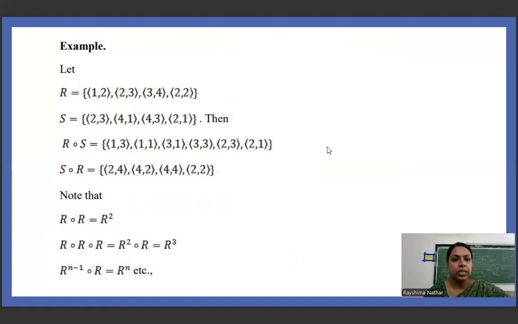R composite S can be related using the transitive property. Here (1, 2) in R and (2, 1) in S is related as (1, 1) in the composite function. And (1, 2), (2, 3) implies (1, 3). The composite can be done by using the transitive property.